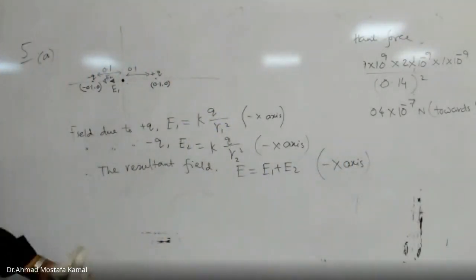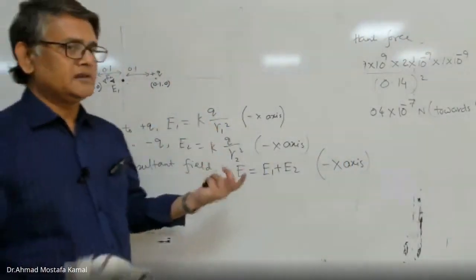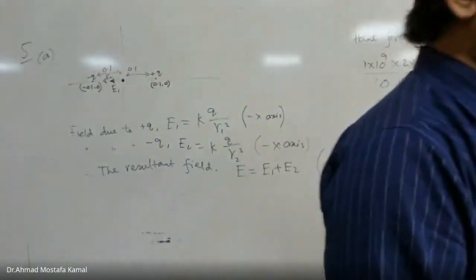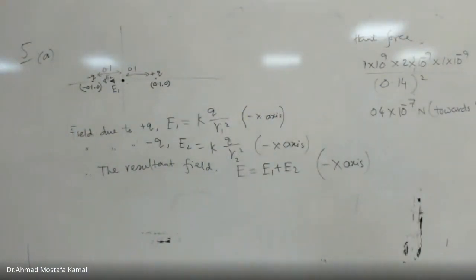Okay, that's all. Find the magnitude by putting the values using your calculator and write down the directions. If the direction is understood, this calculation becomes very easy. So this is number 5.